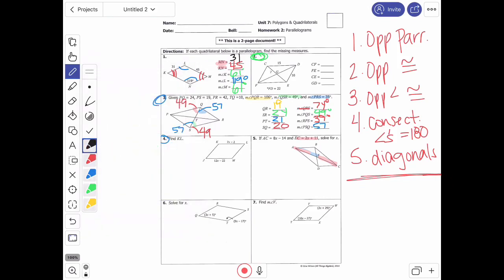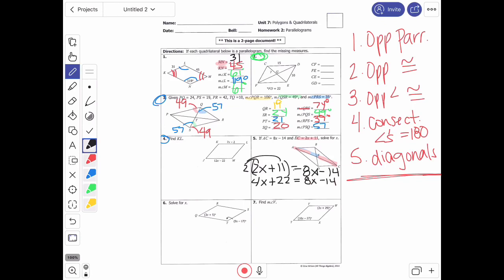So I'm going to take 2x plus 11, multiply it by 2, and set that equal to 8x minus 14. So if I distribute my 2, I get 4x plus 22 equals 8x minus 14.